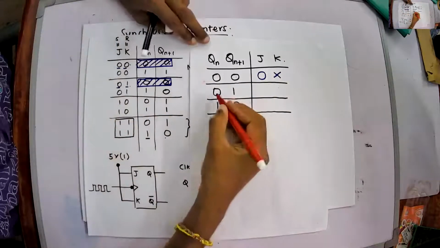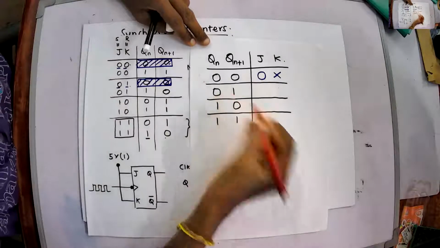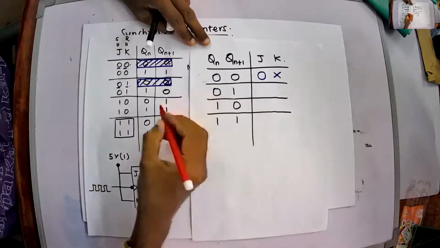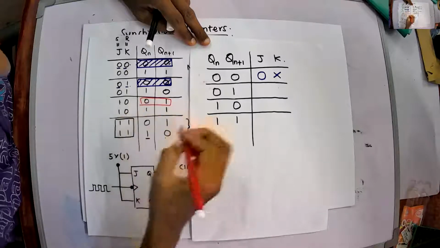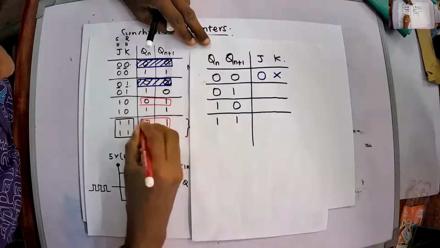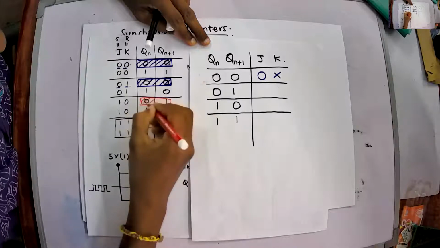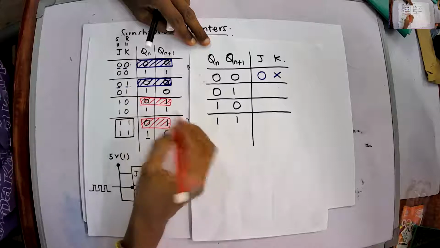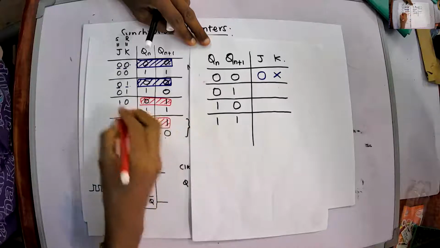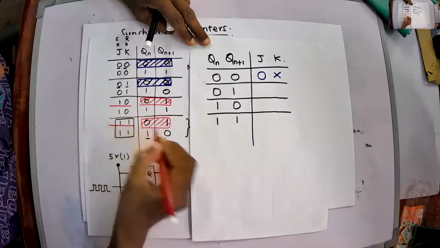The next one is 0 to 1. See here where I am having 0, 1. At this condition it is 0, 1, and here it is 0, 1. Under these two conditions, look at the combinations of J and K: this one and this one.